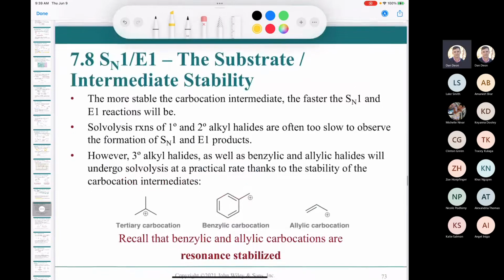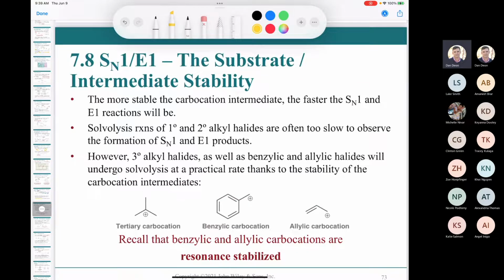Let's talk a little bit more about this carbocation and how stable it can be. I taught you that a tertiary carbocation is more stable than a secondary or a primary or a methyl. So based on that, the solvolysis reaction, which is a first order reaction, of a primary or a secondary alkyl halide is usually too slow to even observe.